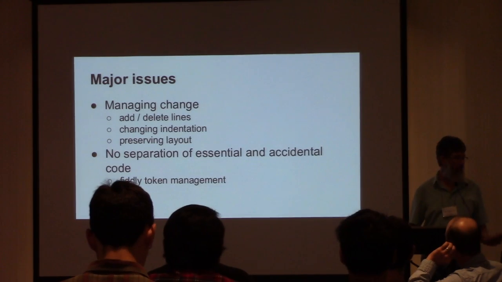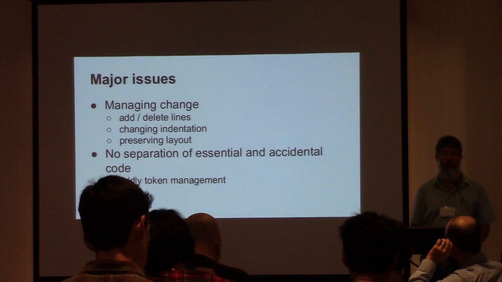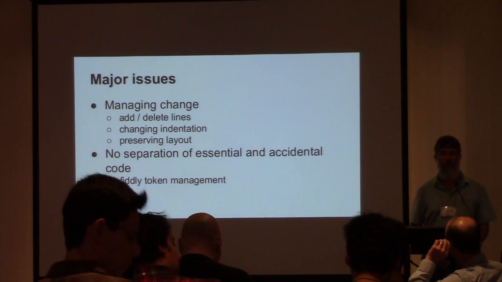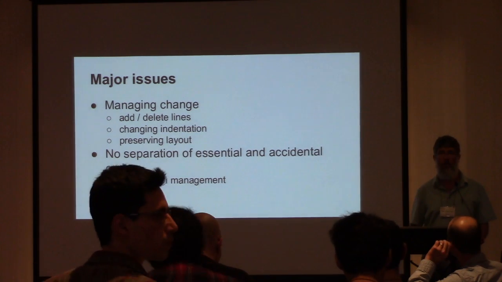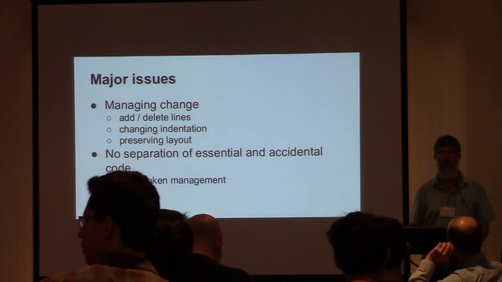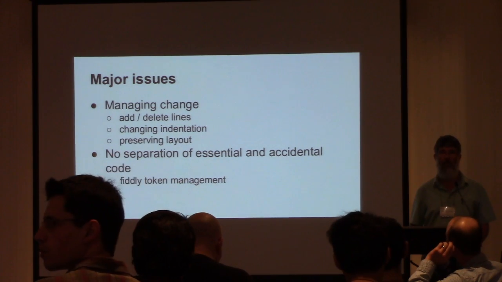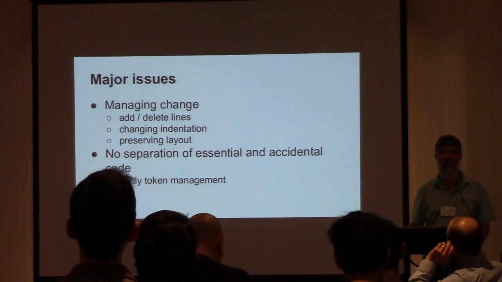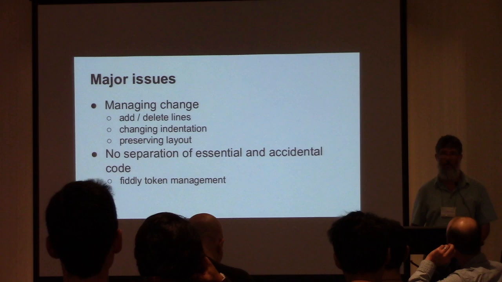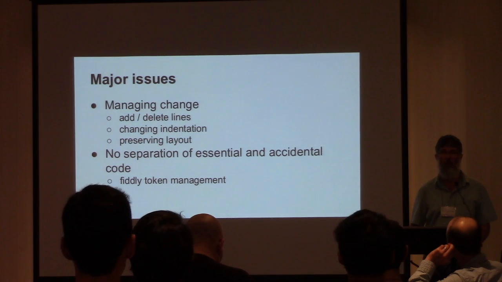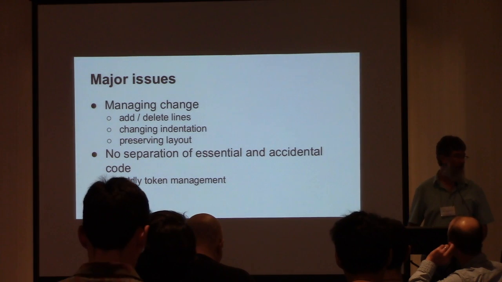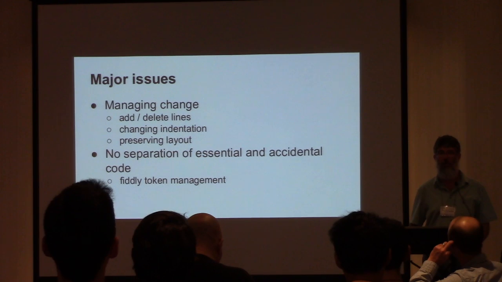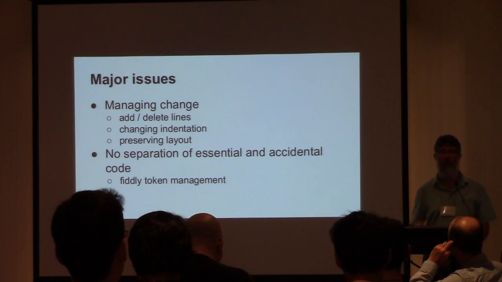And the main issue is that it's one thing to tie the token stream to the AST, but as soon as you try and change anything, then the tokens are absolute. So you have a row, you have a column, that's where it's going to come out. If you change anything, you've got to rework all of them. If you want to change your indentation, you've got to go through everything and work out where it is.